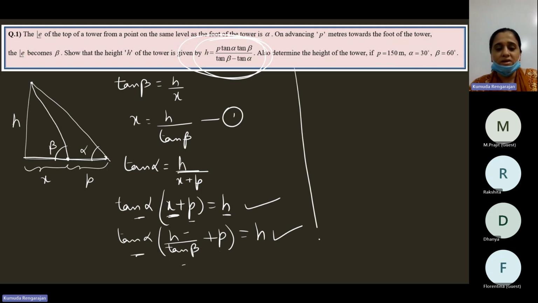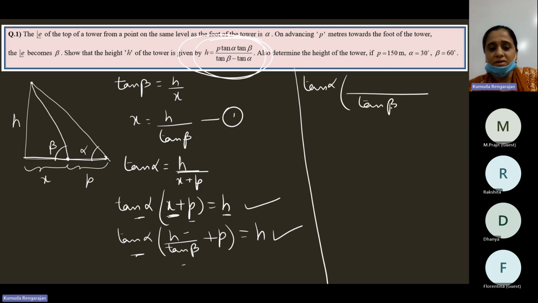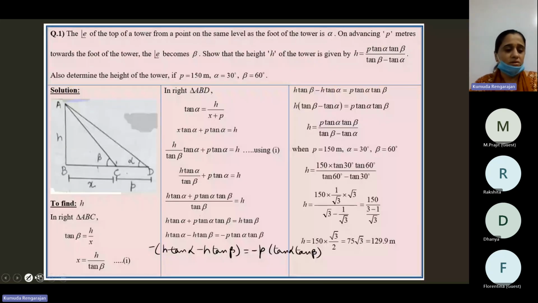How do you work this? So tan alpha, take up the common denominator, tan beta, right? Then h plus p tan beta, correct? Is equal to h. Yes, ma'am. Now after this you can follow. Common denominator, cross multiplying.